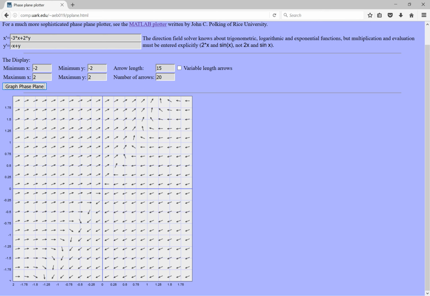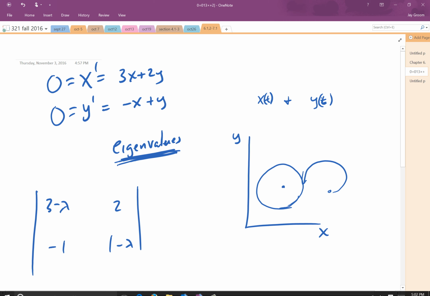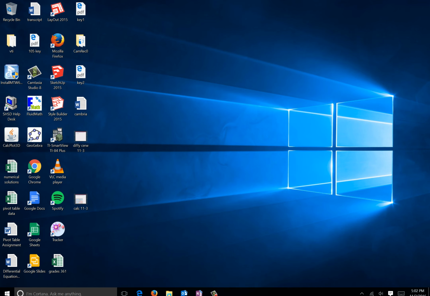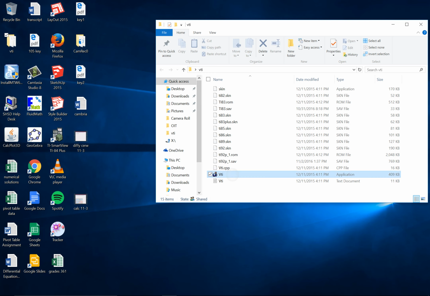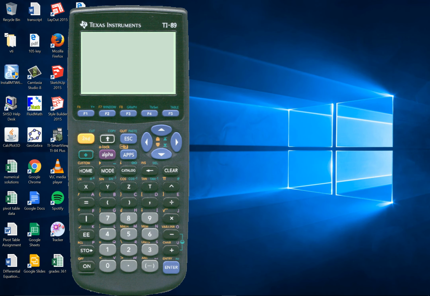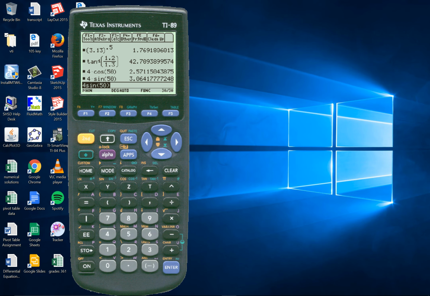Alright, so when all else fails, get your calculator out. Double check your eigenvalues are right. It's been a long day.